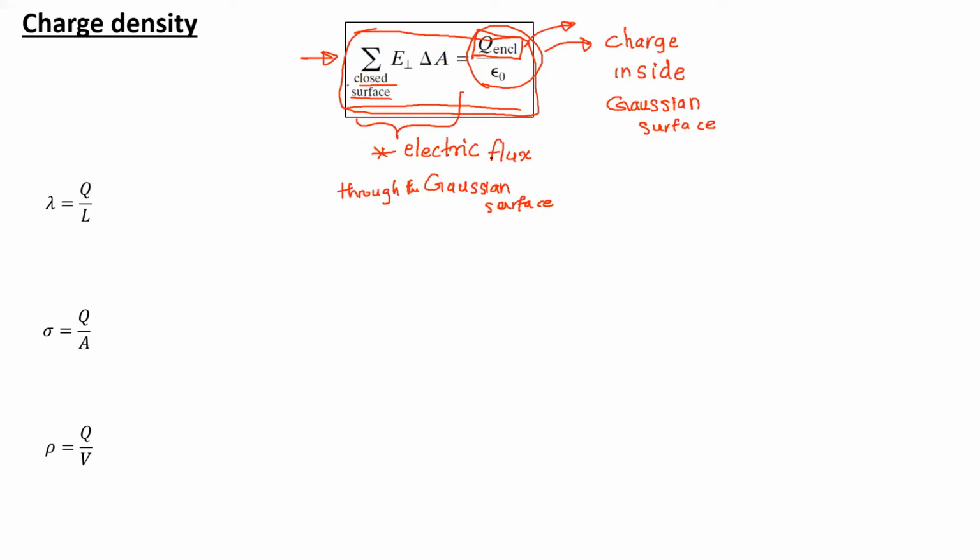Most of the time in questions, they give the charge density instead of the actual charge. So we have to know what these are and how to work with them.